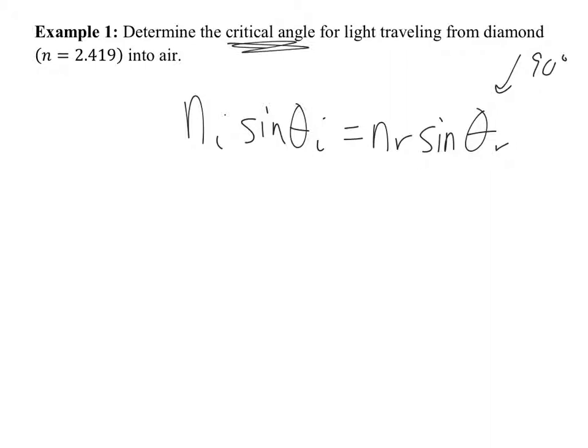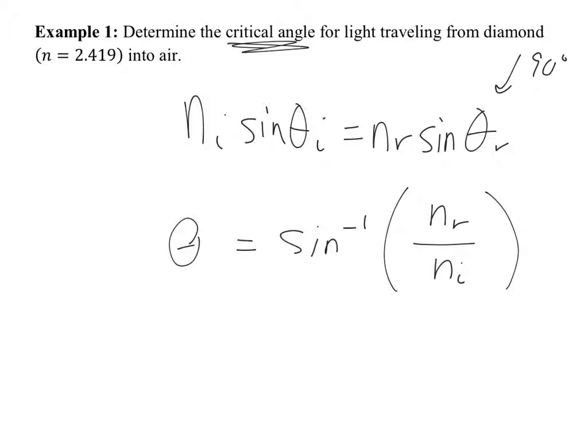The critical angle occurs when it's refracted by 90 degrees or more, to cause it to bend more than 90 degrees back into the substance. So you could always set that equal to 90, and you'll always get the answer we got a minute ago: sine inverse of Nr over Ni. You're always going to get this answer whenever you plug in 90 for theta. We're going to call this another formula, the critical angle formula.